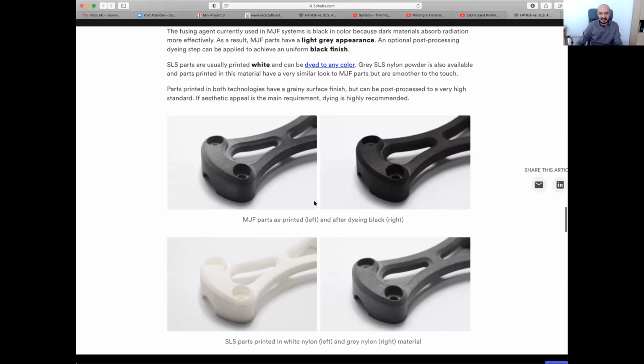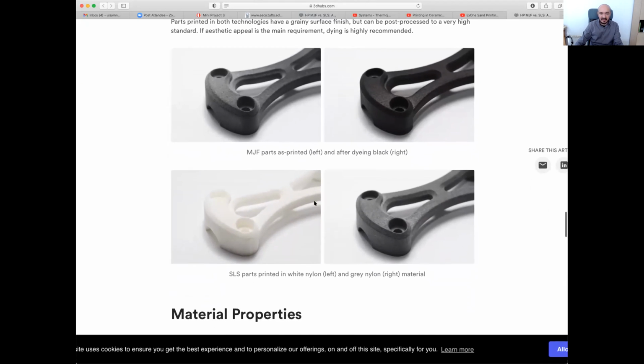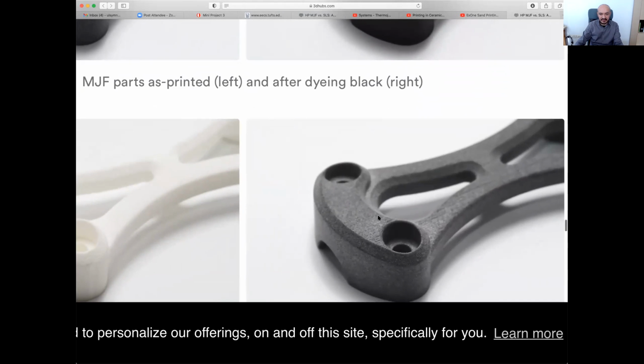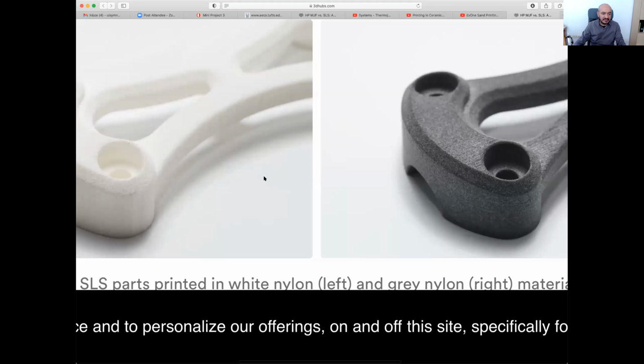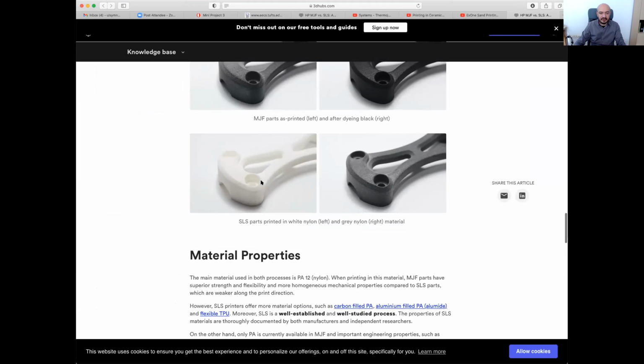And the appearances are quite the same. We have a kind of grainy surface. You cannot clearly see the layers. I'm not sure you can see or not, but it's quite difficult to see the layers in all these processes. But you can see a grainy finish on the surfaces.